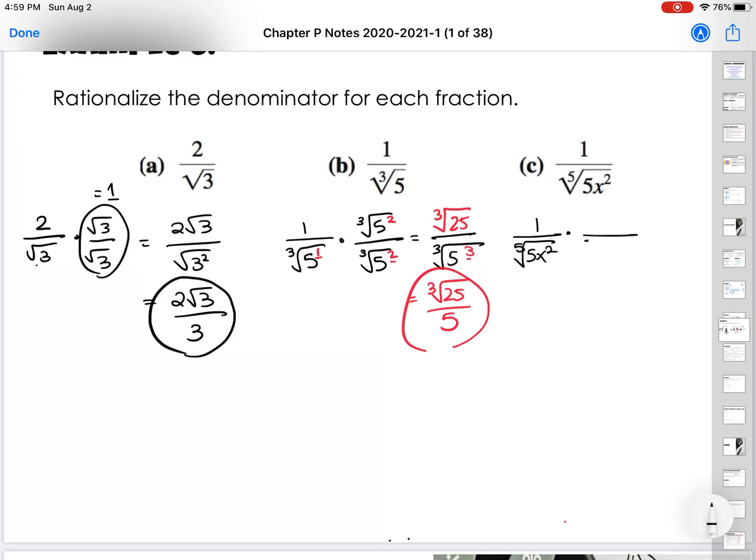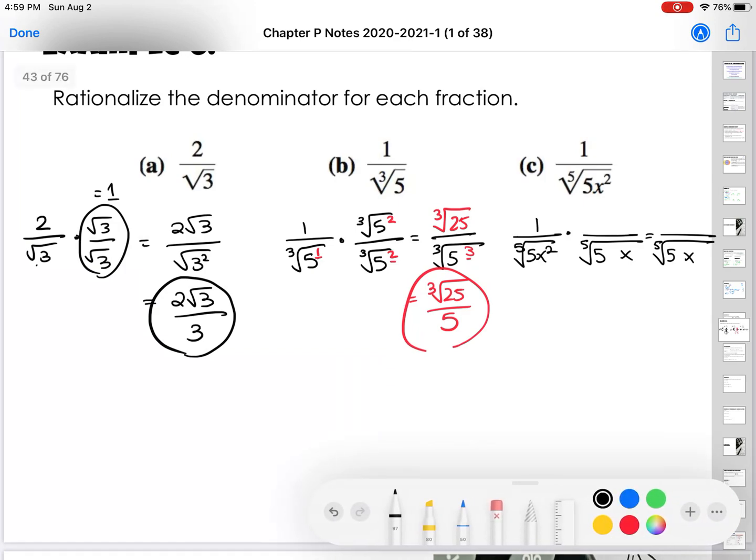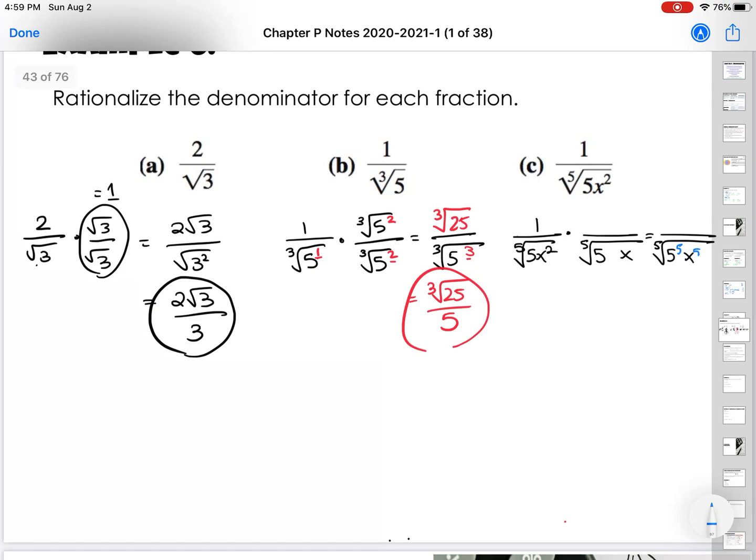Okay, so we want to multiply by something: the 5th root of 5 to the something and x to the something. And the whole point of this is that when I do this, I want to make sure I end up with 5 to the 5th power and x to the 5th power, because if I do that, then when I go to simplify, I will just have a 5 and an x in the denominator.